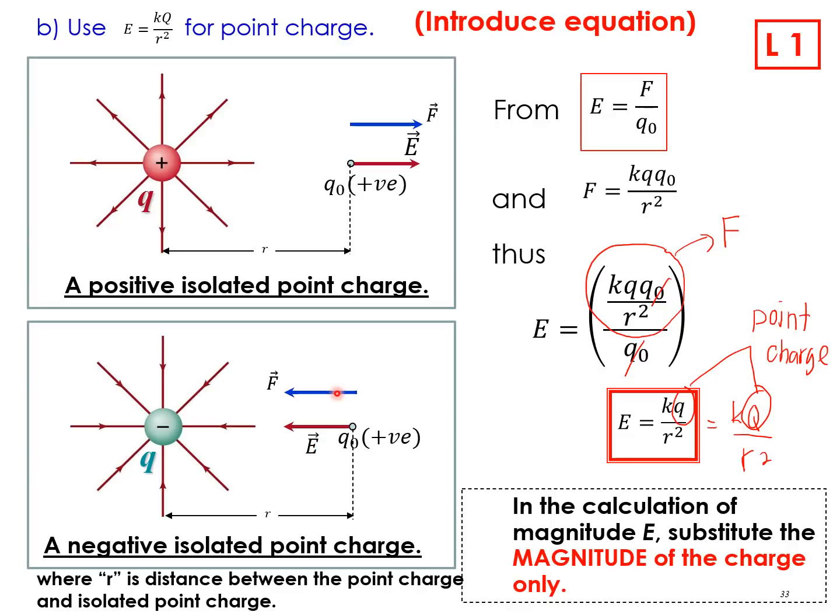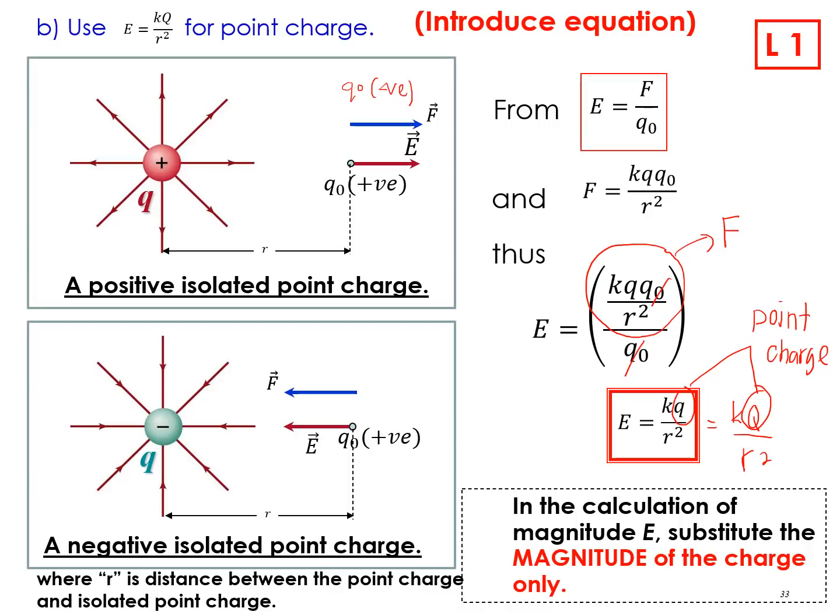Now if we change the test charge and make it negative, what happens to the direction of electric field?